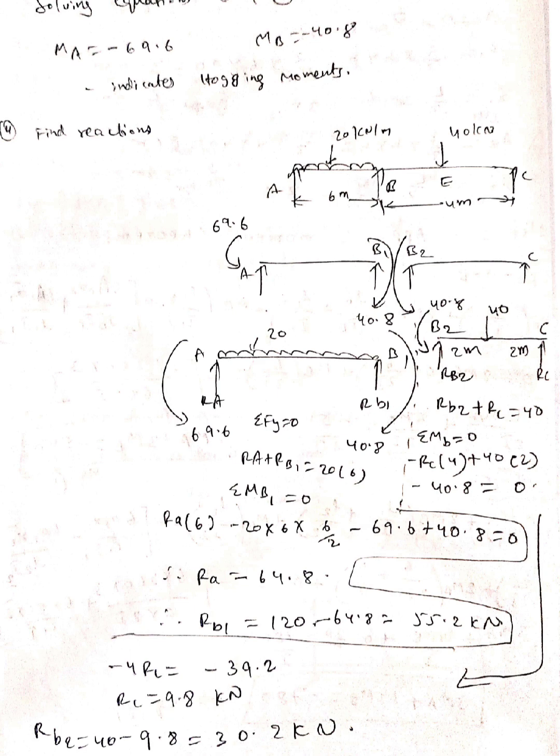So RC equal to 9.8 kN, RA is 64.8, and RB is RB1 plus RB2. Here, if you observe, at A and at B there is hogging. We have represented for AB it is clockwise, at B, B1 is clockwise, and B2 is anti-clockwise.